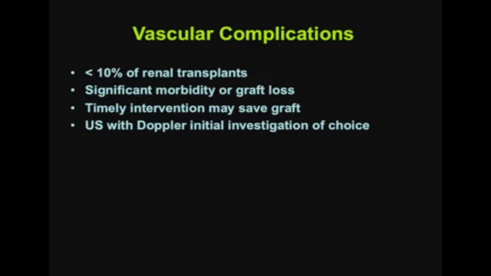Fortunately, the incidence of vascular complications is really quite low, and certainly with the living-related donors, it's extremely low. However, when they do occur, there is often significant morbidity or even graft loss, and it's really important to have timely intervention. So the ultrasound examination becomes critically important, and of course the Doppler evaluation is part of that evaluation.